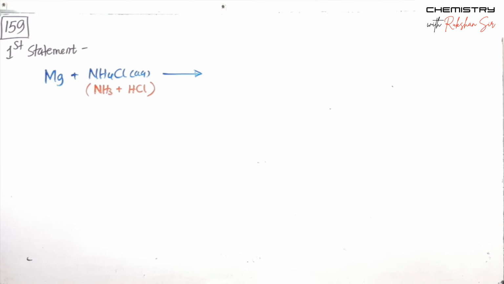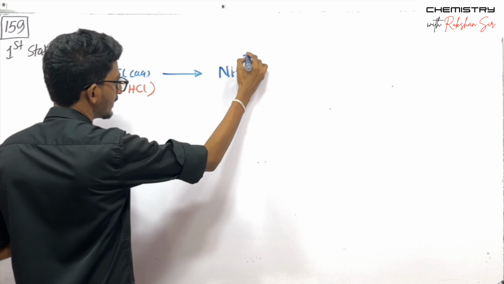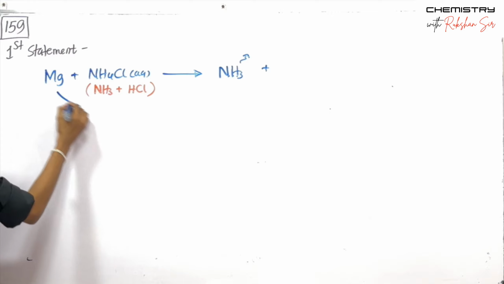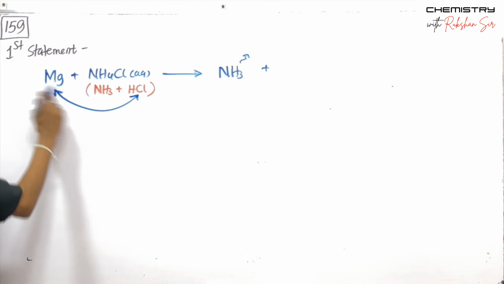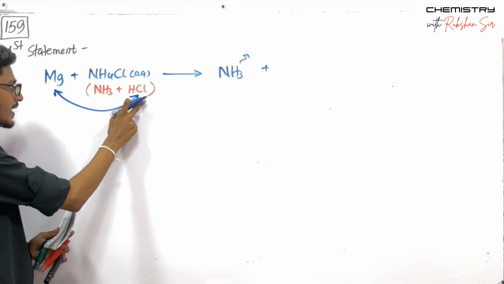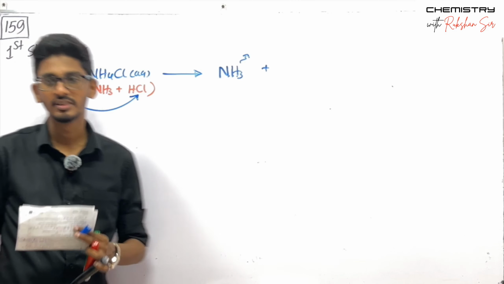So it's a combination of ammonia and the HCl here, the corresponding acid of the anion. So what are the products there? First the ammonia will be released. Then these two will react. So magnesium with HCl, right? Acid and a metal. If a metal reacts with acids, what will happen?